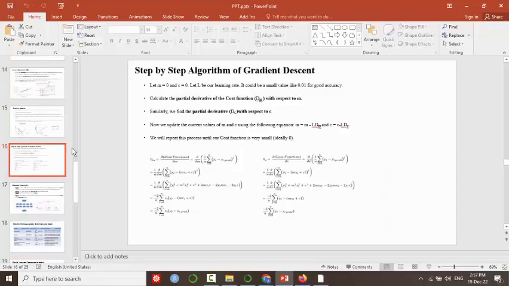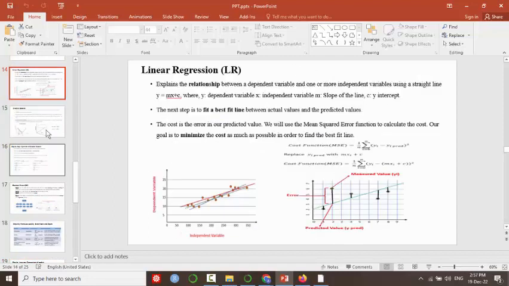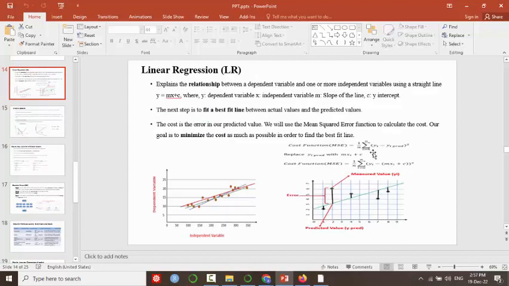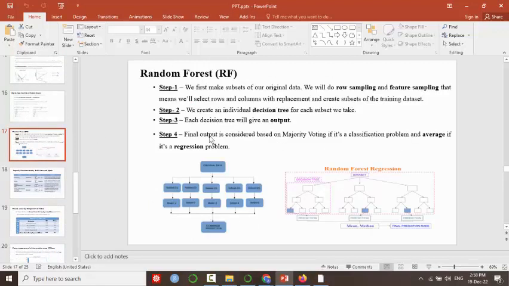For linear regression, this was the loss function: mean squared error, one over n, the summation of yi minus y hat whole squared. For extreme gradient boosting regression, the loss function is given in the research paper, madam. Due to the time constraint, I could only explain linear regression, and I even skipped the random forest model, madam.